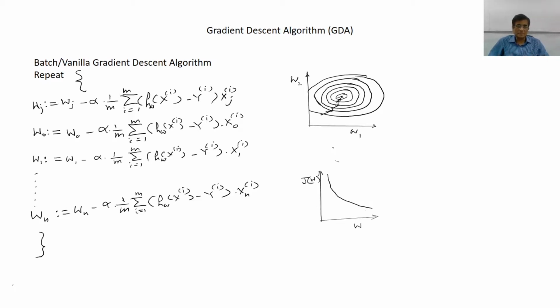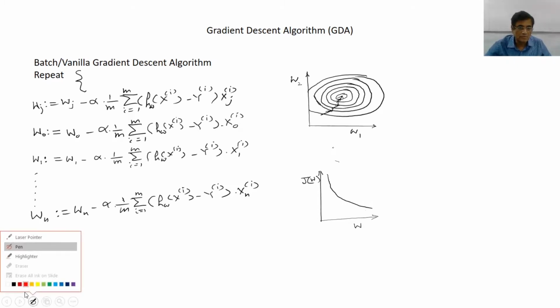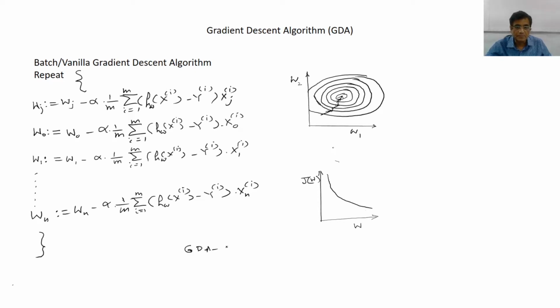We call it the cost function, and there has to be an optimizer. By the way, in new terms you have learned, the gradient descent algorithm is also called an optimizer. GDA is an optimizer. Why? Because it optimizes the cost function, and as a result the parameters are obtained.